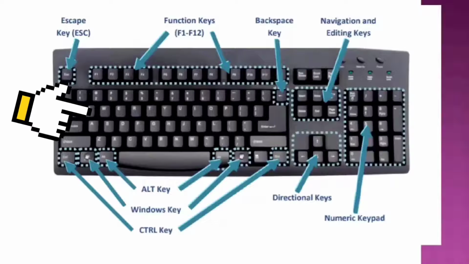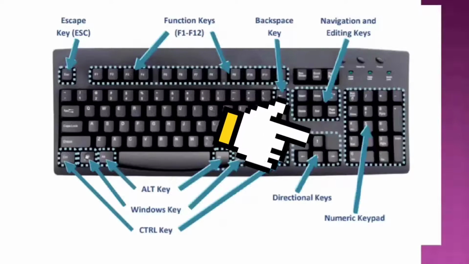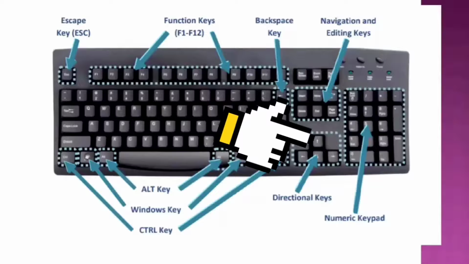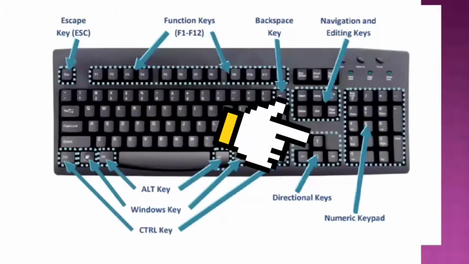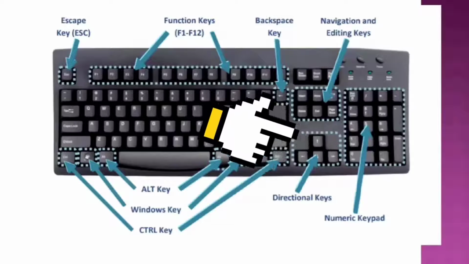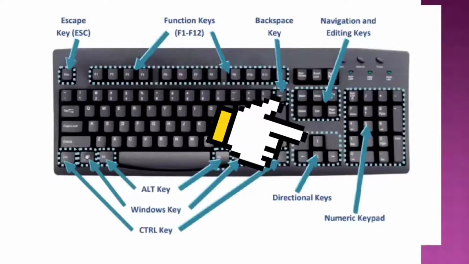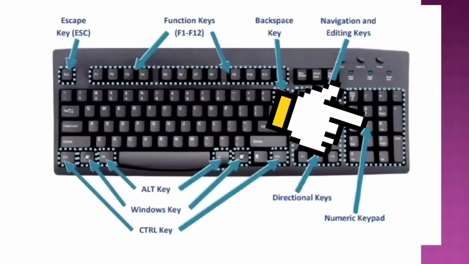Next, we have navigation keys, or we also call it directional keys. It is used to move the pointer or cursor around the screen. So this includes the 4-arrow key, page up and down, home, and end keys. Then we have numeric keys, the numbers 0 to 9.